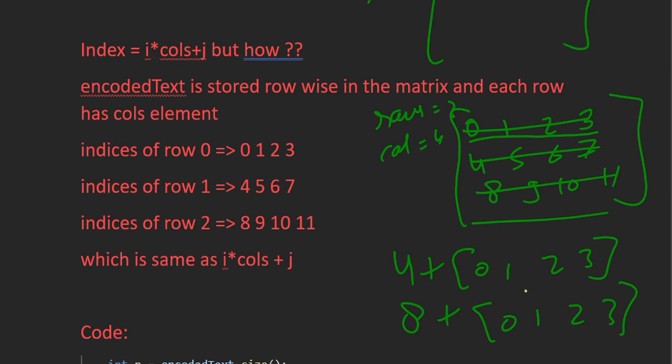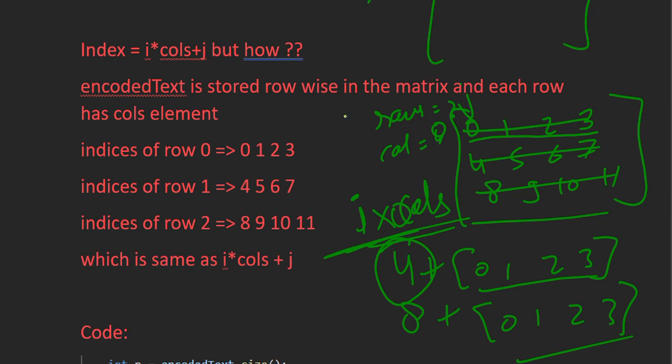So this is j, this is the column number, that is, these elements are showing the column number. And if we notice this, this is the row number, that is 0 here, row number times number of columns. So if we see matrix of i, j, what will it be?